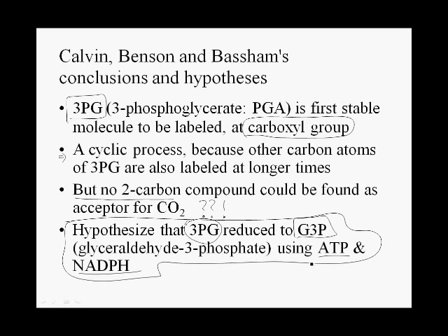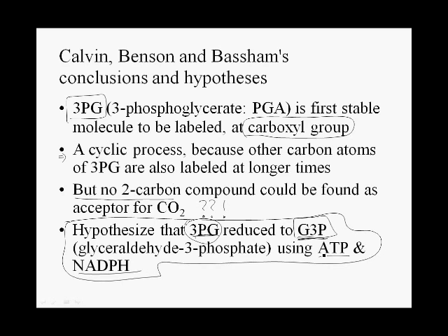And they hypothesized this because these are both intermediates of glycolysis. In glycolysis, glyceraldehyde 3-phosphate is gradually oxidized to 3-phosphoglycerate, and that energy is used to generate ATP by substrate level phosphorylation and NADH.